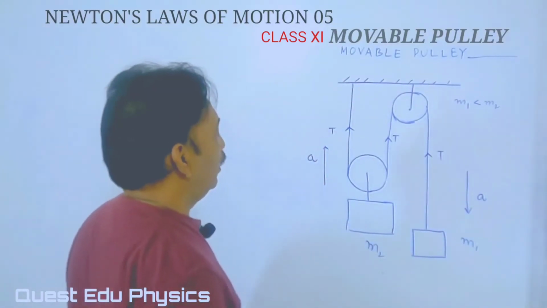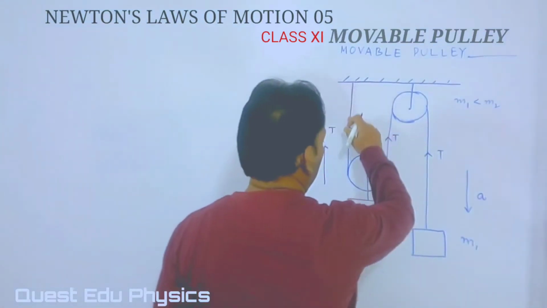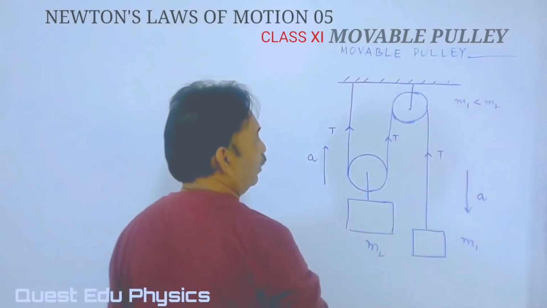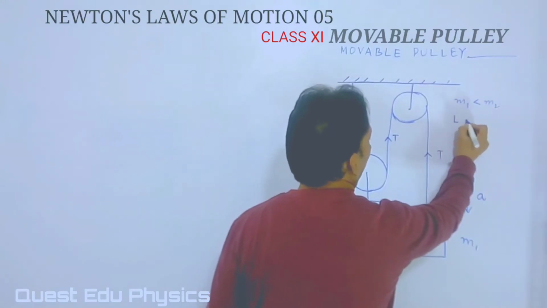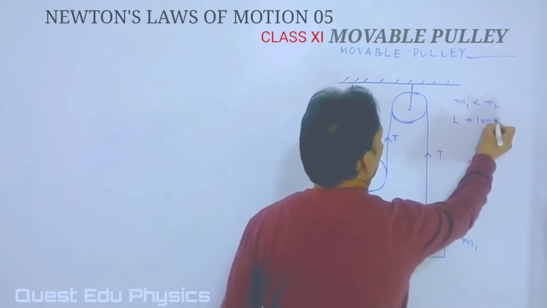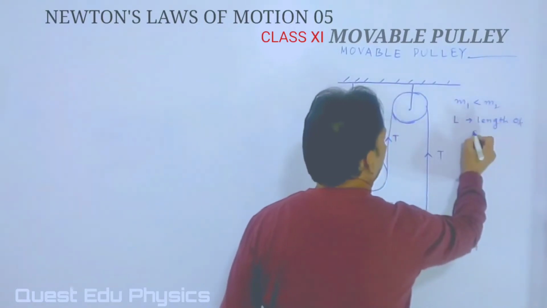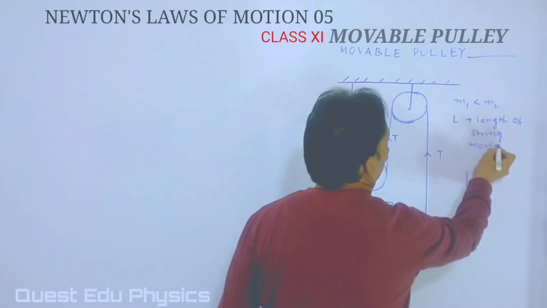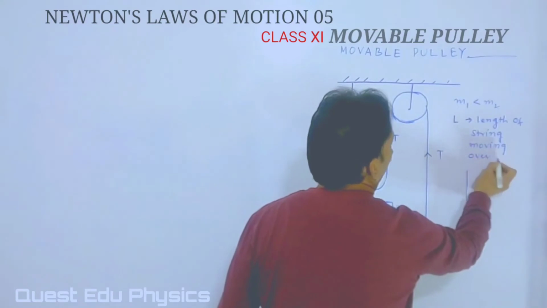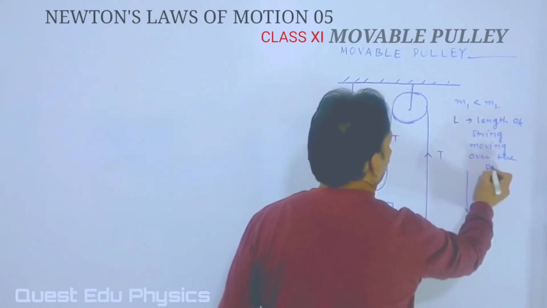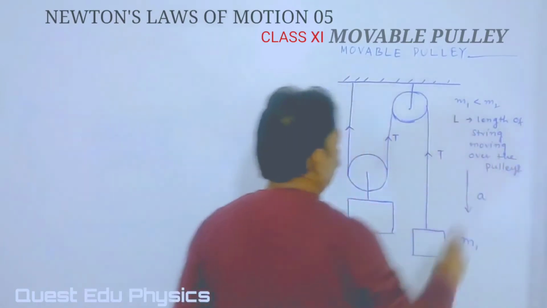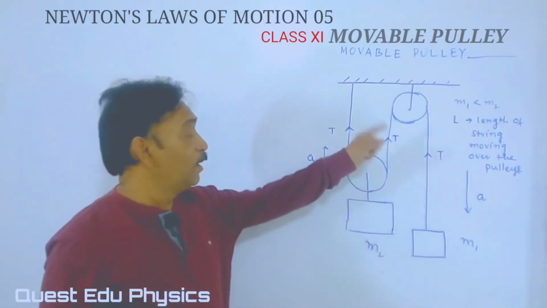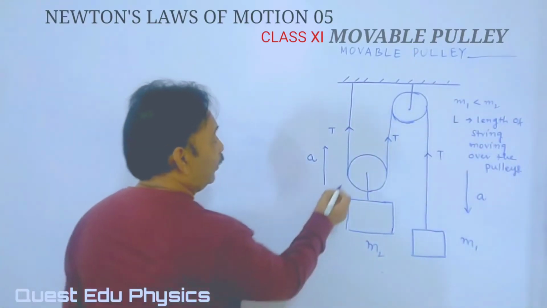Okay, students, let's say the length of the string which is attached over the pulleys is equal to L. The total length, I am taking it as L. L is the length of the string moving over the pulleys.